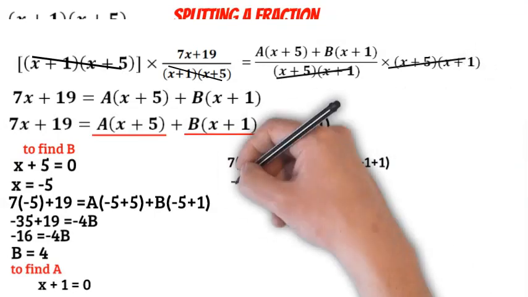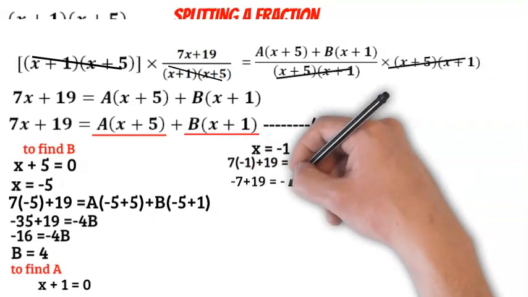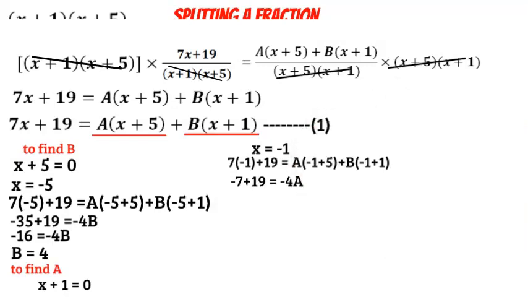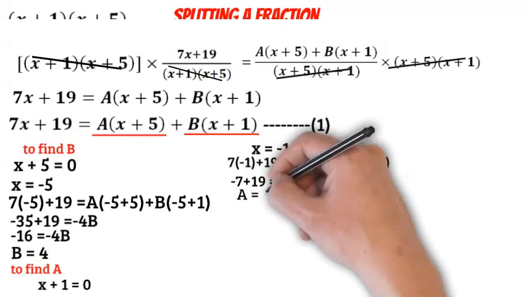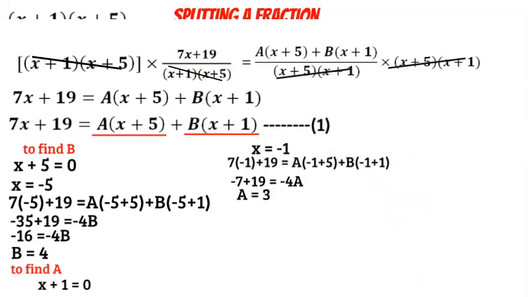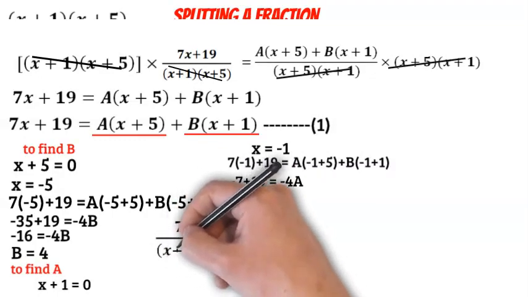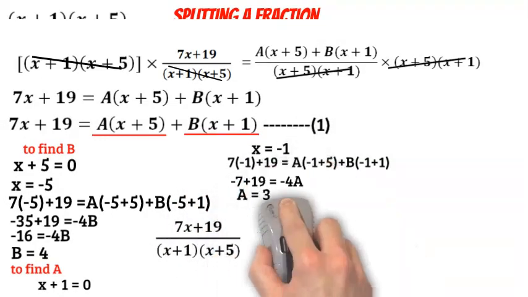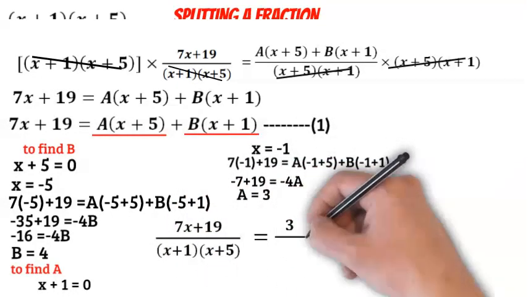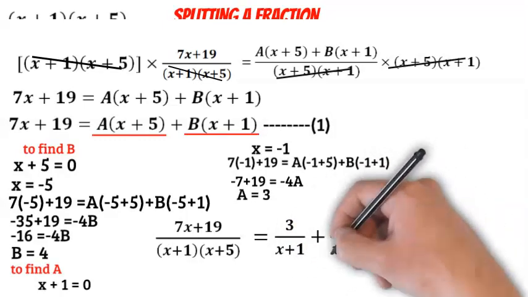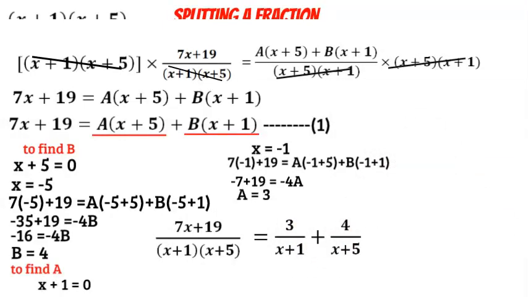That will give us -7 + 19 equals 4A. If we solve that, our A is equal to 3. Hence, (7x + 19) over (x + 1)(x + 5) is equal to 3 over (x + 1) plus 4 over (x + 5).